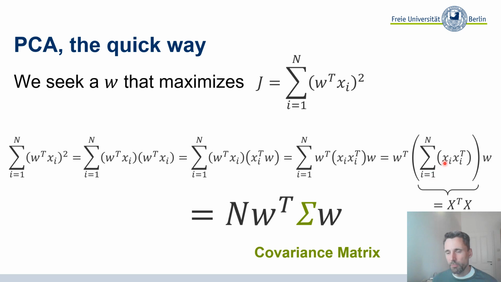Well, let's just take one sample for a moment, one data vector Xi. So what we have in this matrix is the product of the first coordinate with itself, or the product of the first coordinate with the second coordinate, or the second with the second. And again, these are deviations from the mean, right?